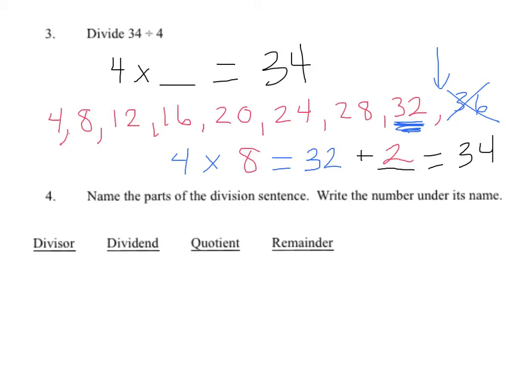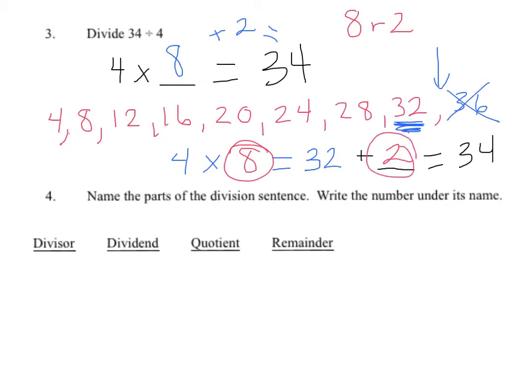So what this says is that there are 8 groups of 4, and then if we add 2 more, we would get our answer, 34. So how does that look? What would be our answer? Well, our answer would look like this. 8 R 2. 8 is your quotient and 2 is your remainder.